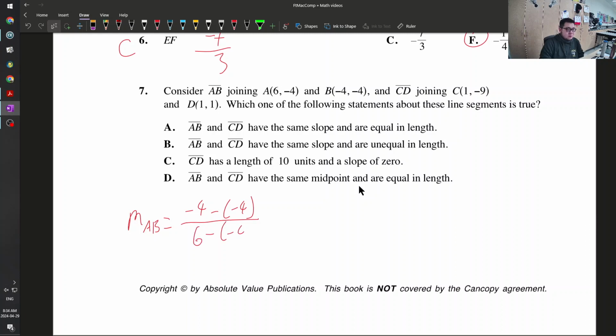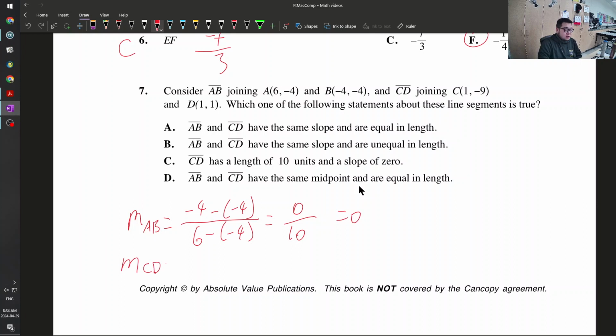So -4 minus -4 divided by 6 minus -4, which is 0 over 10, which is equal to 0. So that means it is a horizontal line, like we expected.